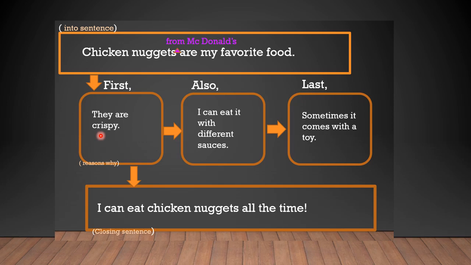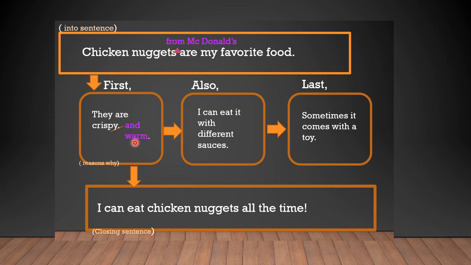So I'm going to add to the sentence and say, first, they are crispy and warm. Now, because I'm adding to the end of the sentence, I'm taking away that period that I already had there. And I'm adding and warm and then still ending it with the period back here. So this sentence now is, first, they are crispy and warm.